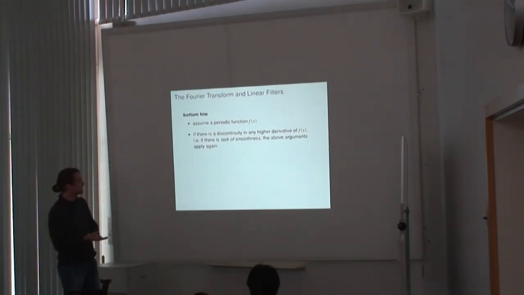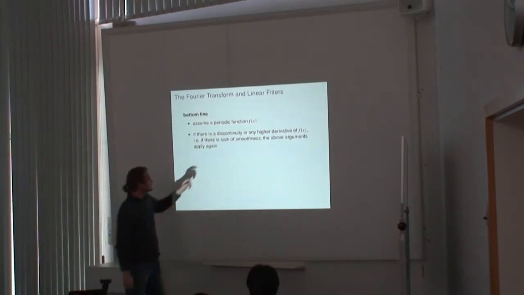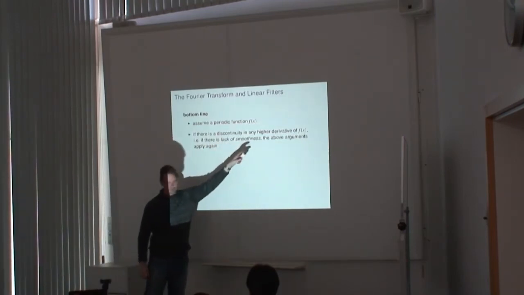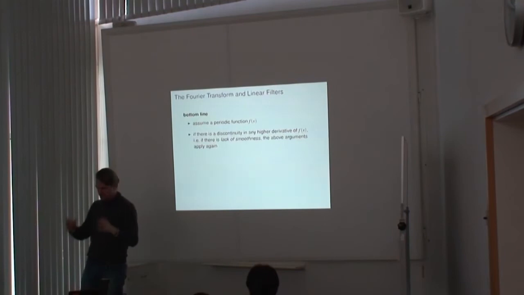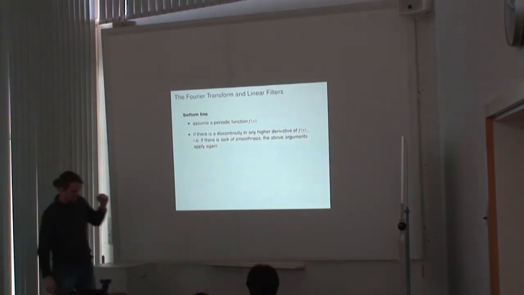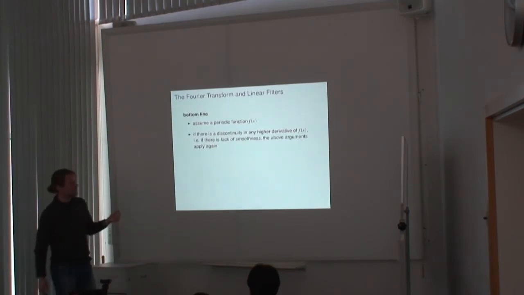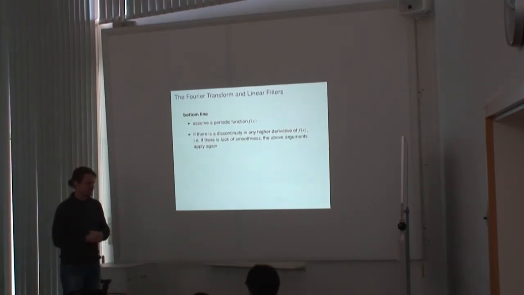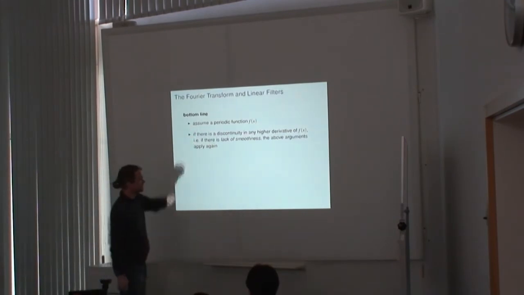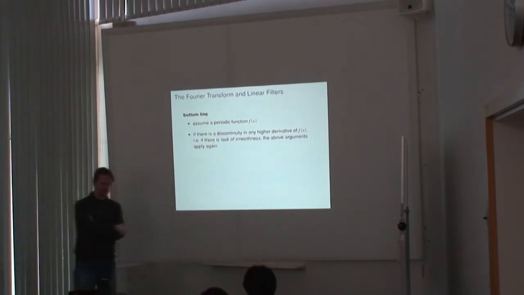And indeed, if there is some higher derivative of a function we are looking at that produces a discontinuous function, then we say there is lack of smoothness in one of the higher derivatives of the function f of x.